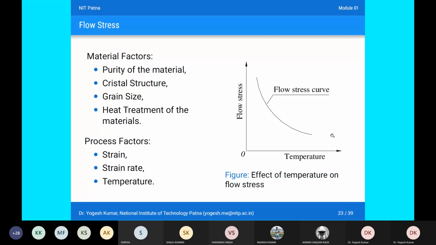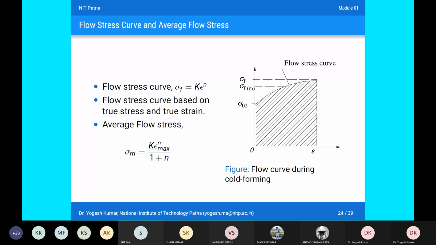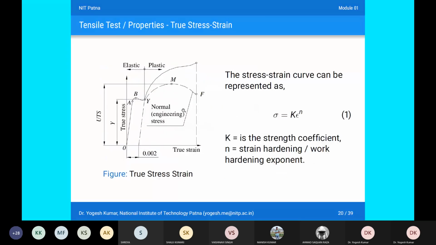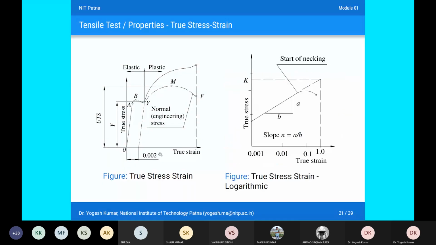If you plot your flow curve, it is between true stress and true strain. Let us focus on the true stress strain curve in your plastic region.